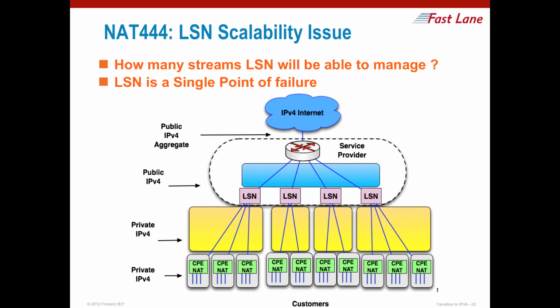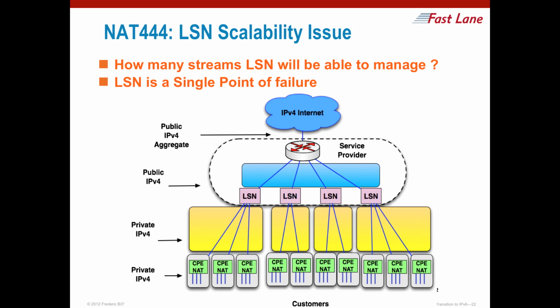The first one is a scalability issue. How many translations should the LSN be able to manage? So how can we size the LSN box to make sure it will have enough memory, enough CPU to manage all the translations? Difficult.